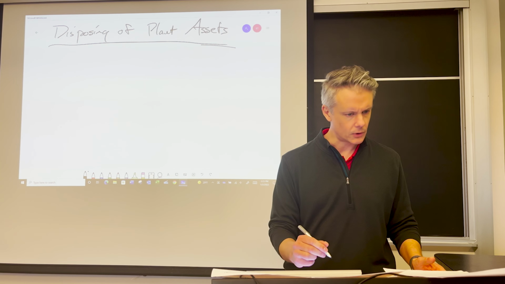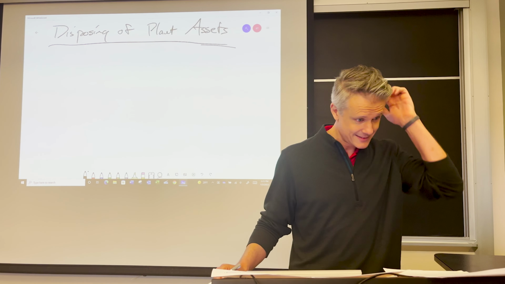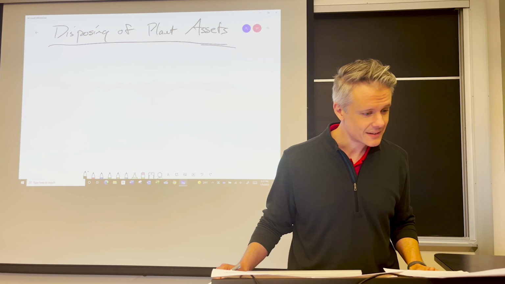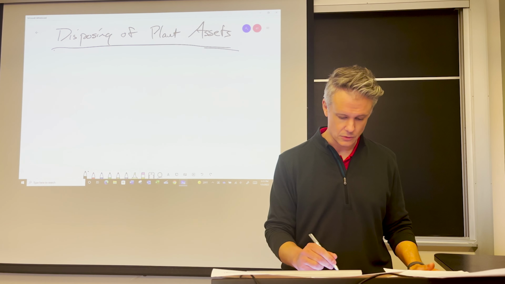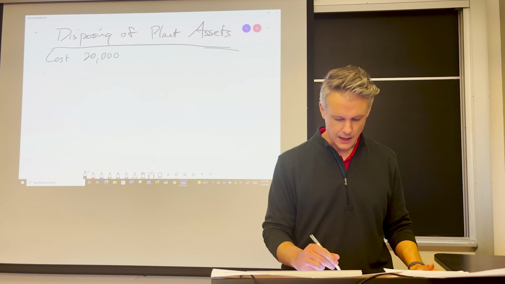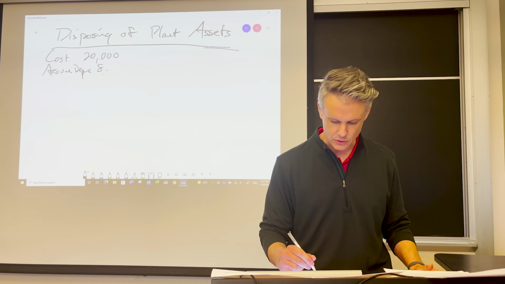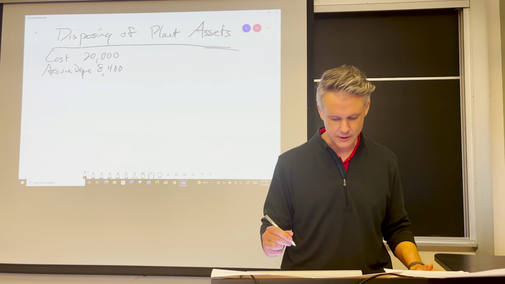Depreciation so far, let's see, $20,000. So this was our cost, $20,000. And at the end of year 4, we had accumulated depreciation of $8,400.